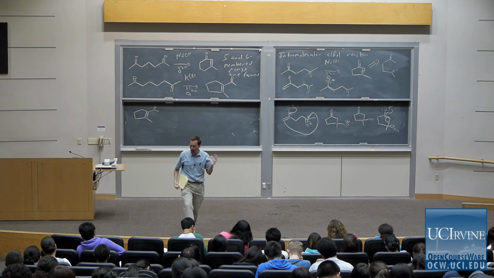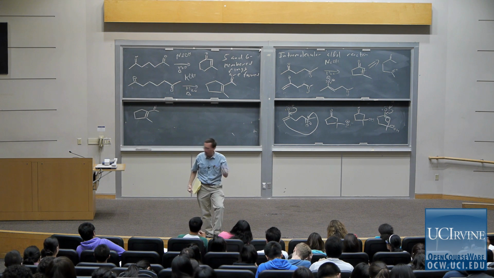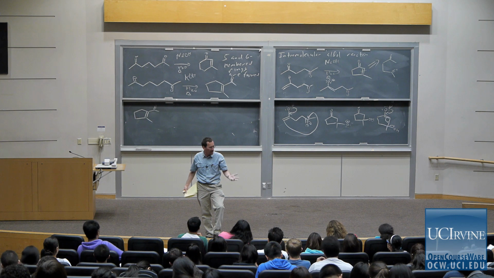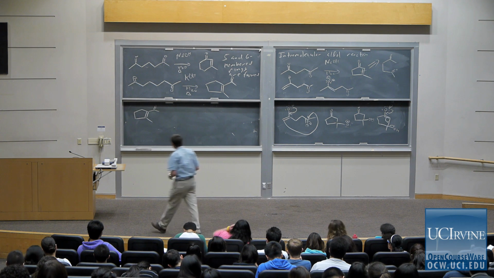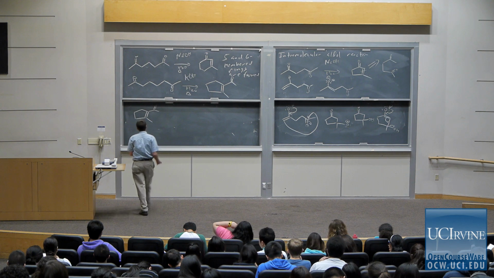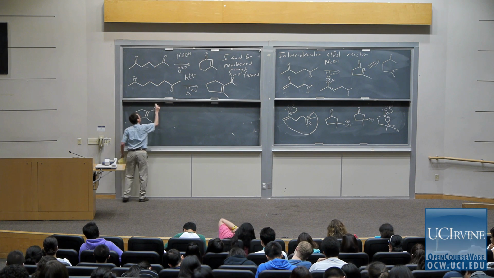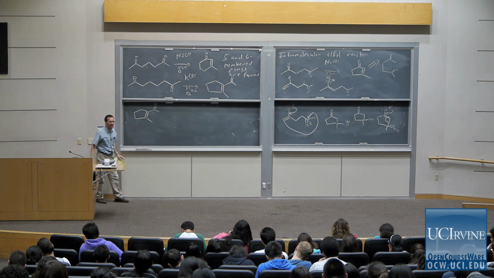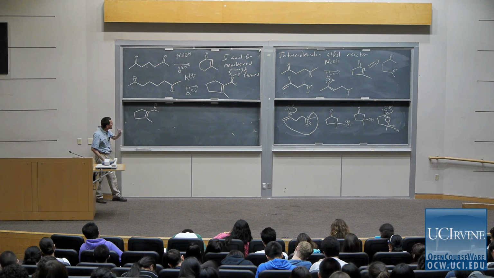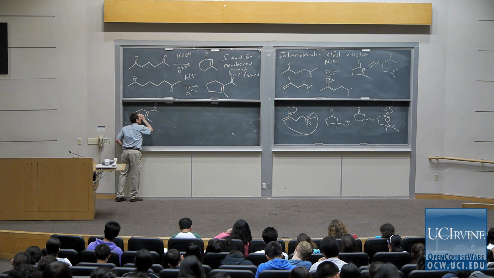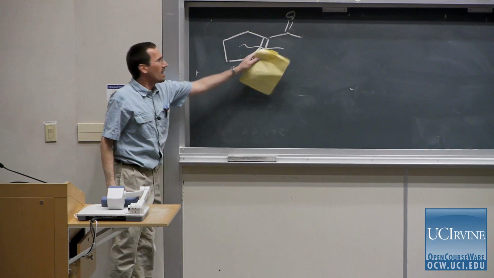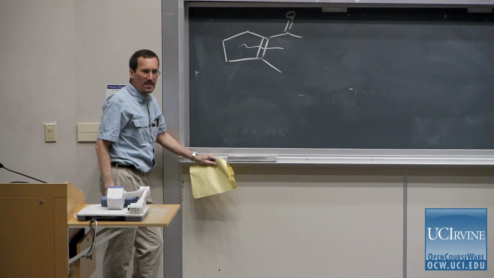And then I get this problem on a test or an exam or a quiz or a homework, and I look at it, and how do you see it in the other direction? So in other words, if you say, oh, how do you synthesize this molecule from something that's less complicated, that doesn't have a ring? You say, oh, wait a second, it's an alpha beta unsaturated carbonyl. I bet it could come from a dicarbonyl compound.